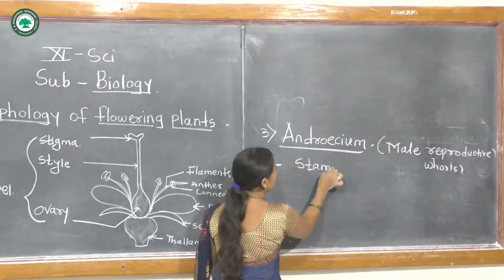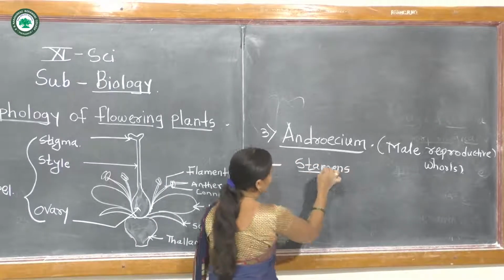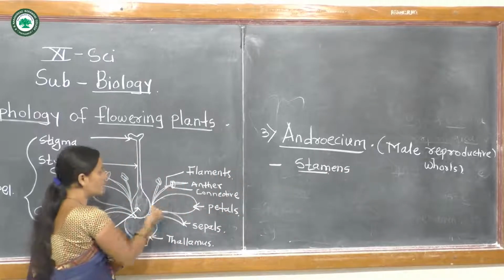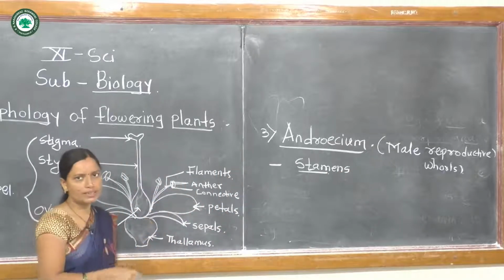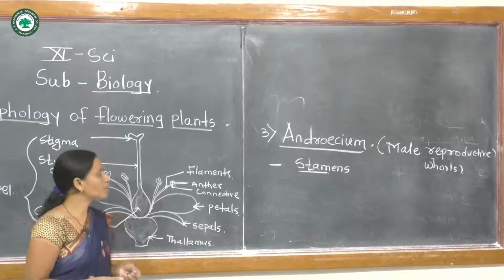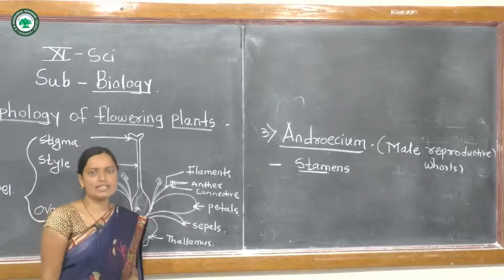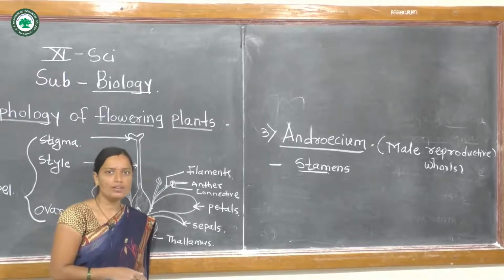It is called the stamens of the flower. It is the male reproductive whorl of the flower.